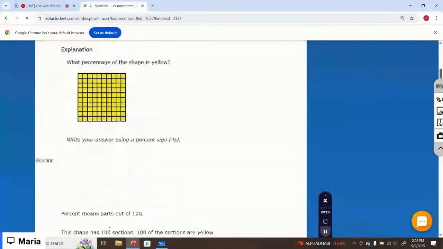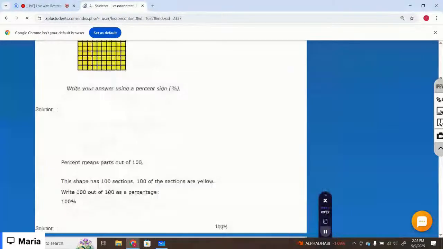So that means 100% of the shape is yellow, because all the shape is yellow. Percent means the part of 100. So 100% part is yellow.